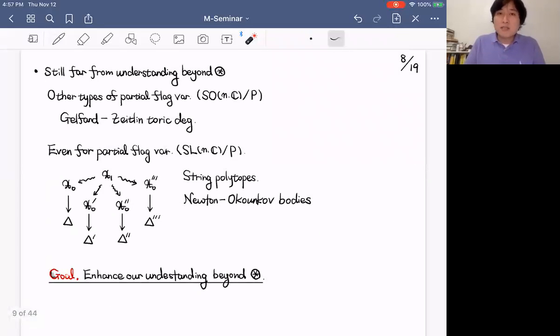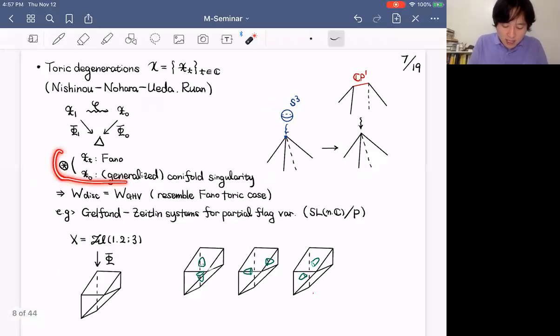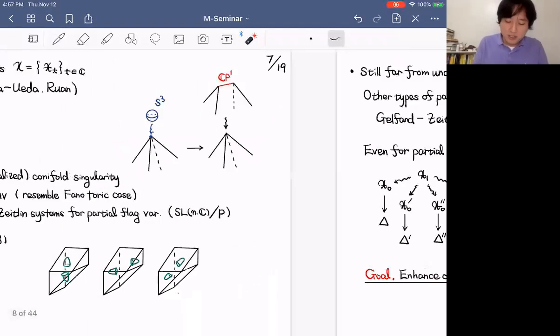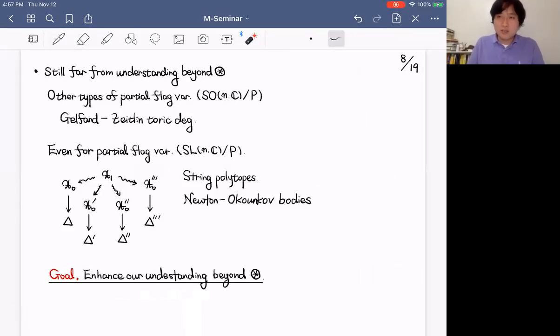But what if our toric degeneration does not satisfy this condition? Indeed, this usually happens. For instance, the most standard toric degenerations of the other types of partial flag varieties, B and D type, do not fit into their scheme. And even for the type A partial flag variety, there can be multiple toric degenerations. Usually a toric degeneration corresponds to a string polytope or a Newton-Okounkov body with some good condition.